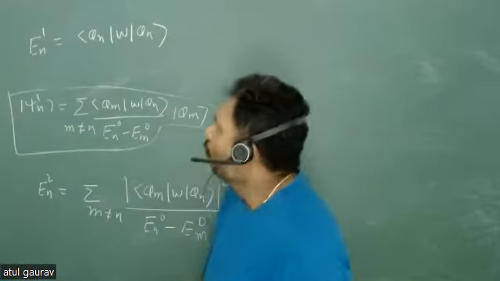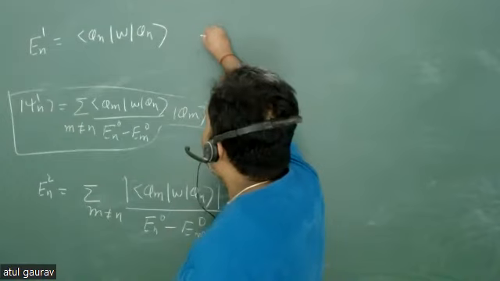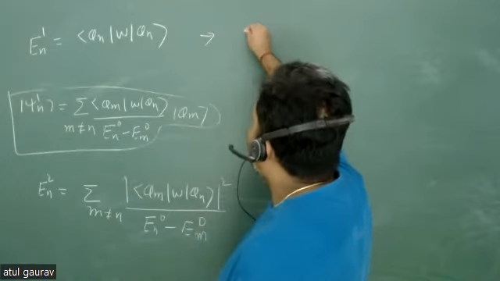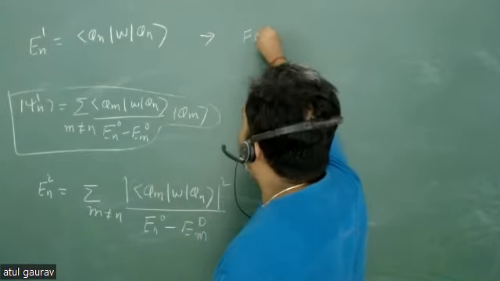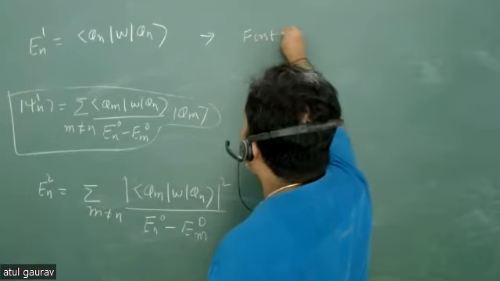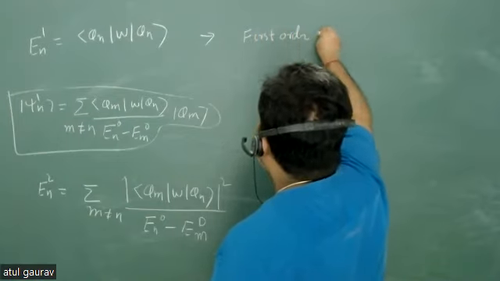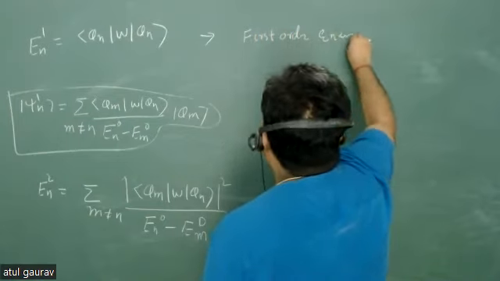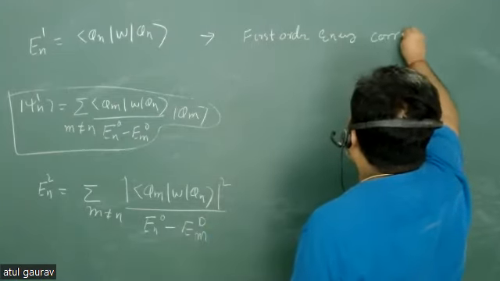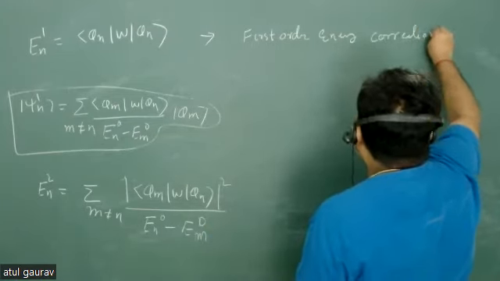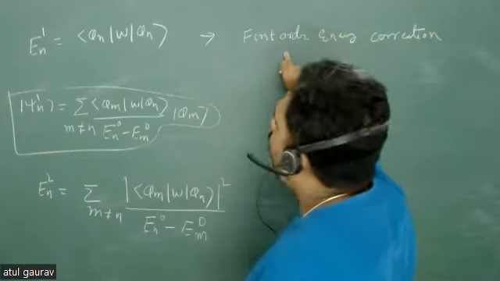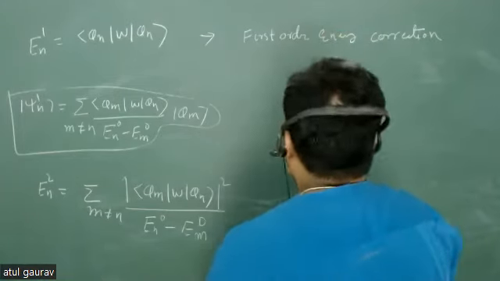होगा. नाउ व्हाट इज दिस En1? En1 इज फर्स्ट ऑर्डर एनर्जी करेक्शन. फर्स्ट ऑर्डर एनर्जी करेक्शन or energy correction up to order of lambda.